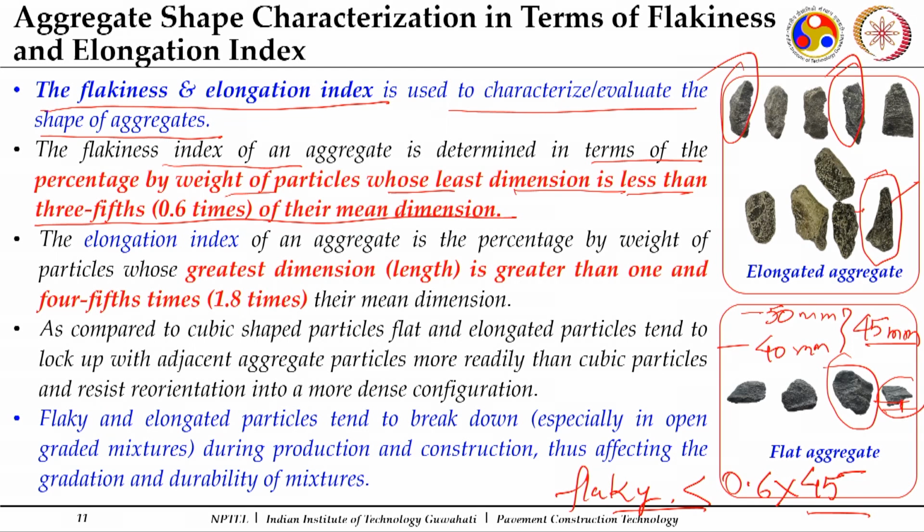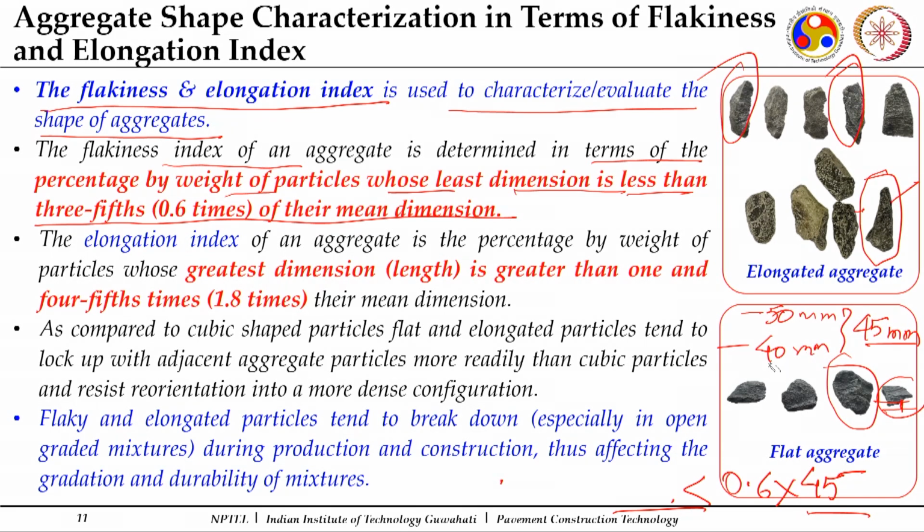For any sieve sizes, it may be, say, 12.5 mm passing and 10 mm retained, or there may be 20 mm passing and 15 mm retained. So, 17.5, these are random sieves, there are standard sieves for this particular analysis, then I will say 17.5 is my mean dimension.